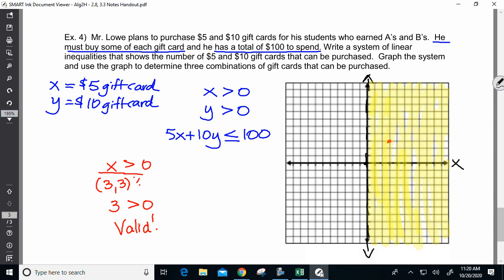Second inequality. y is greater than 0. Dot on 0. Draw another dotted line. I need to pick another point to test. What do you know? It's 3, 3. I'm going to use it again.